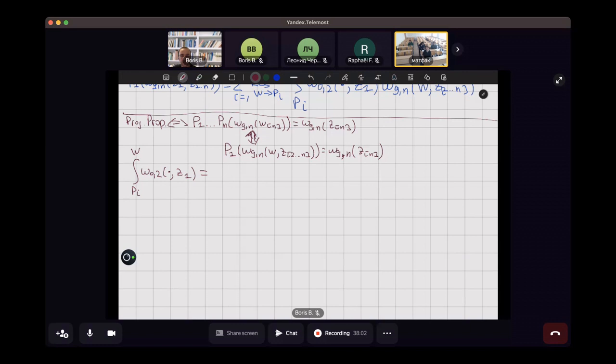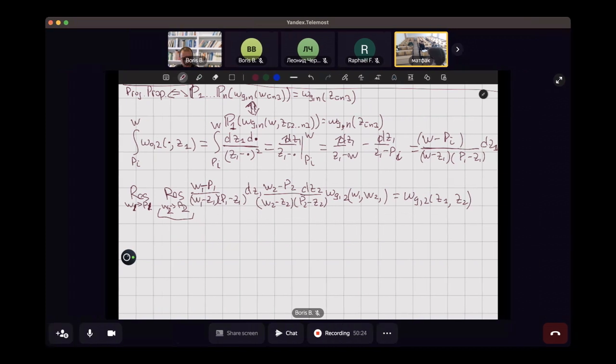So is it clear at this point? Sorry for a little bit of confusion, but is it clear that indeed those two things are equivalent, if you take into account the symmetry of omega and the fact that pi only acts in the variable wi? In this direction, it's obvious, so you just iteratively apply this.